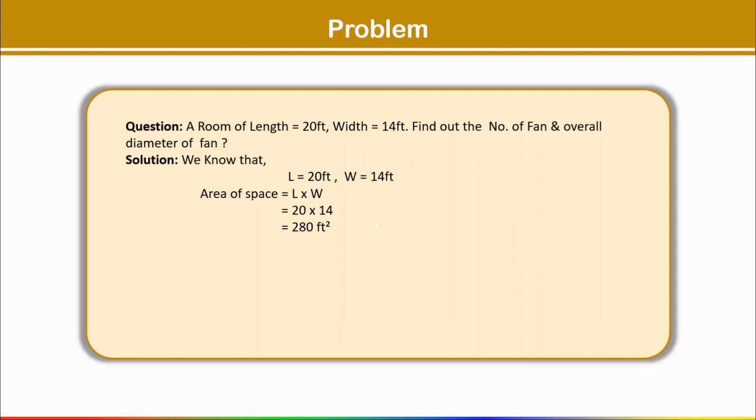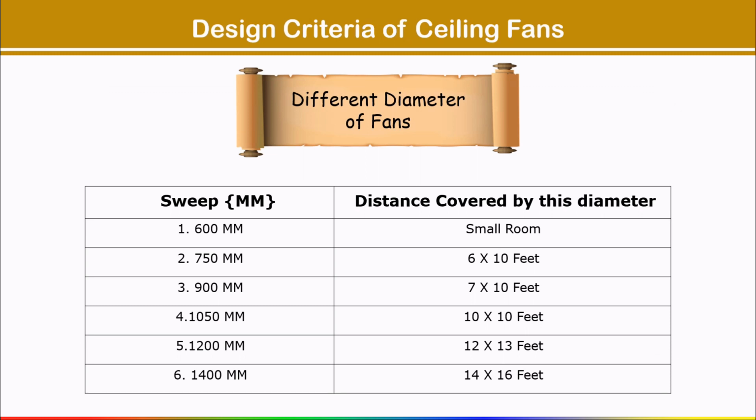Now here you have to select the sweep of the fan from that table which I have shown you. So suppose I select a sweep or overall diameter of fan of 900 mm. Suppose I want to install a 900 sweep fan. From where have I taken it? See, from this table. Here we have some standard sizes of sweep.